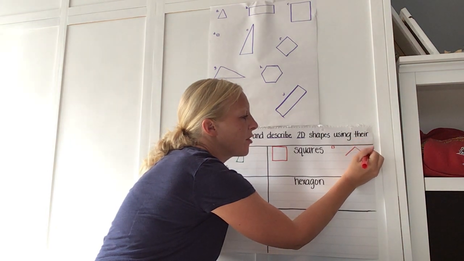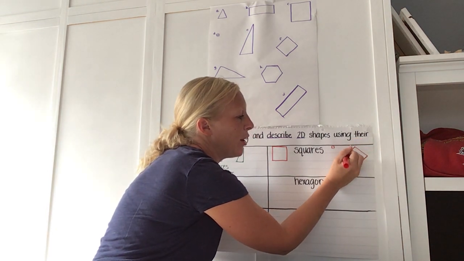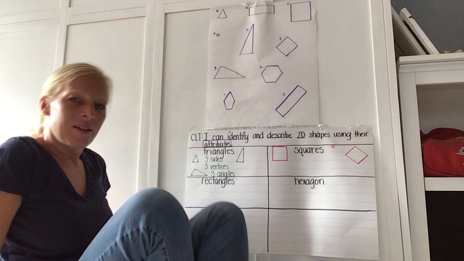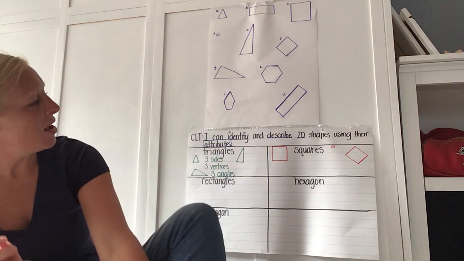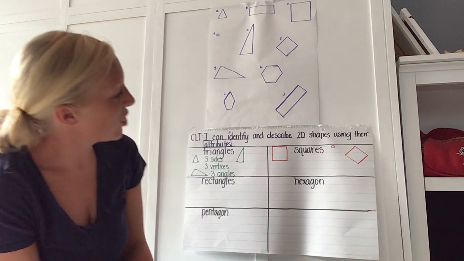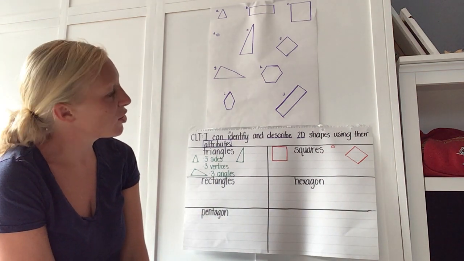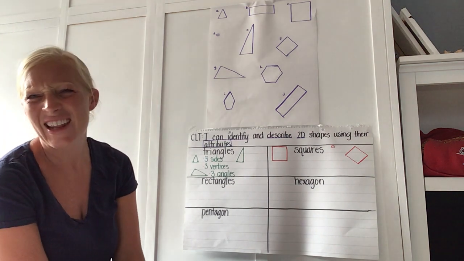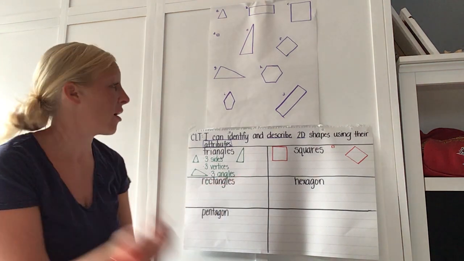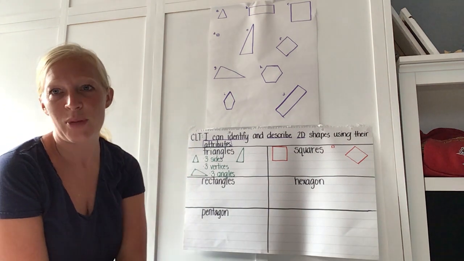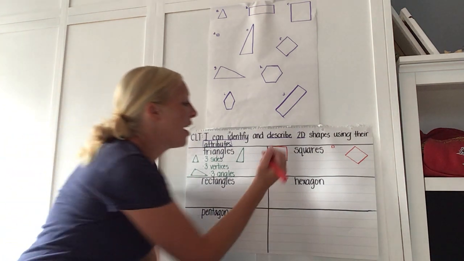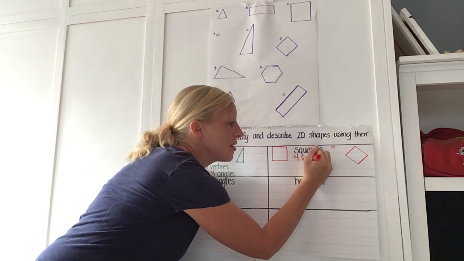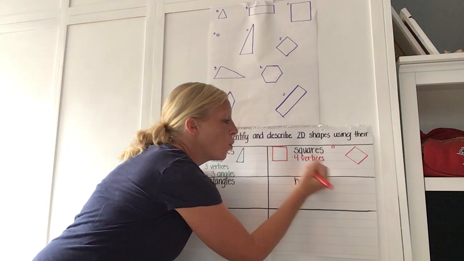I'm seeing some friends that are saying, no, that's not a square. Why is F a square? Miss Baker didn't really turn that, or didn't draw it perfectly, but what makes that a square? What makes a square a square? What are its attributes? Okay. It has 4 vertices. What else?